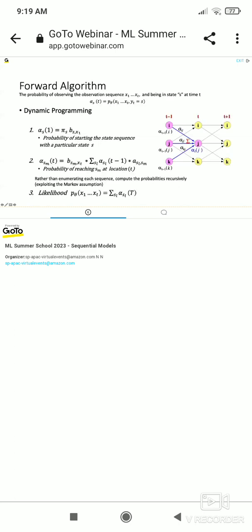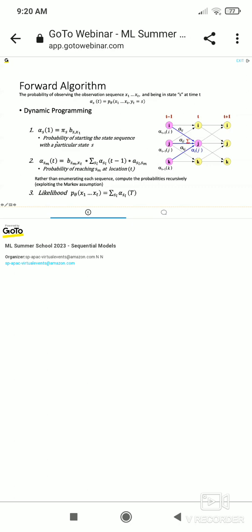In the forward algorithm, the probability of observing the sequence x1 to xt and being in the state s at time t is given by alpha s of t, which is the probability of observing the sequence x1 to xt, and at the tth instant the hidden state is s.